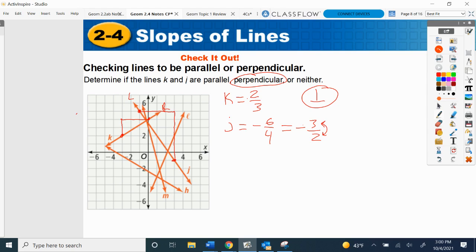We could check it if you take 2/3 times negative 3 over top of 2. If it works out to be negative 1, then we are good here. So we'd have negative 6 over top of 6, which would work out to be negative 1. Perfect. There's your check to tell that they're perpendicular. So there's our relationship between K and J. They are going to be perpendicular.